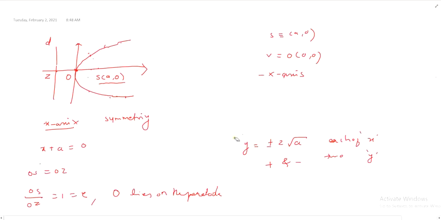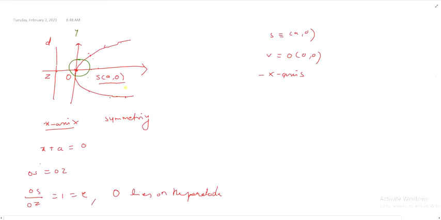Extension means up to which we can extend the curve, that is, what is the range or limit. Now you can see the curve of the parabola here. If we look at this diagram very carefully, we cannot extend the curve of the parabola to the left side of the axis, isn't it?